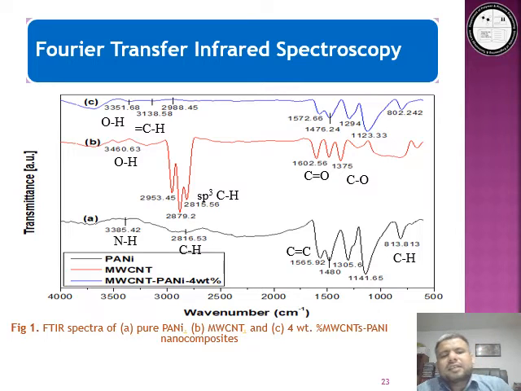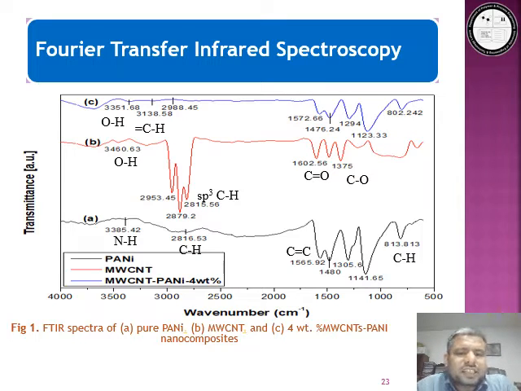Similarly, the bands at 2816 are due to the unbalanced CH expansions of the aromatic ring, while peaks at 1565 correspond to the C double bond stretching. Thus, the characteristic peaks at 1141 and 8813 are assigned to in-plane and out-of-plane bending vibration of aromatic CH respectively.